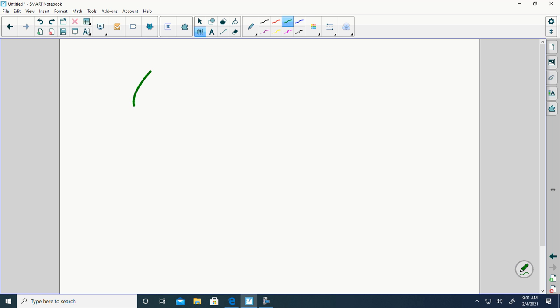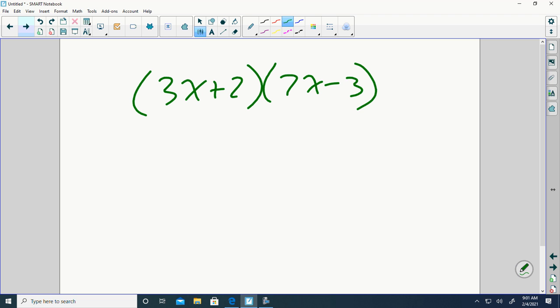All right, so let's take care of this problem. Both of those terms are called binomials. There's two terms, bicycle has two wheels, binomials, okay. We're going to distribute twice. So first thing, I'm going to put that 3x to the first, 7x to the first. Good so far?